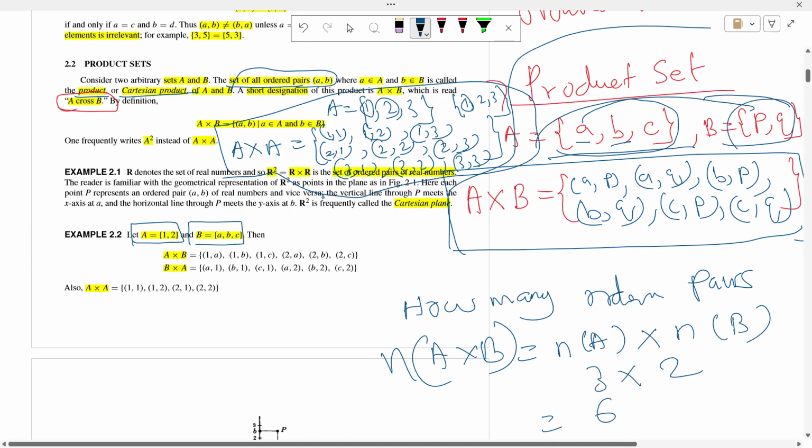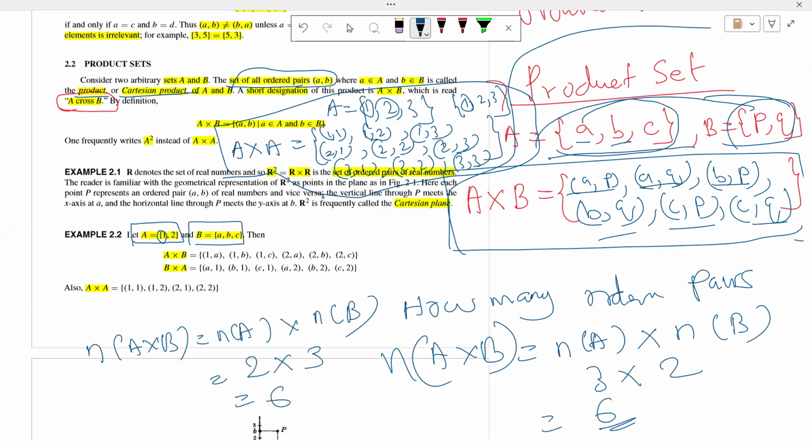This is the equation to find the number of ordered pairs. Similarly here, the number of elements in A, 2, multiplied by the number of elements in B, 3, so altogether 6 ordered pairs.